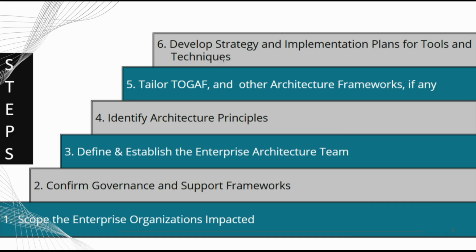So for the support of governance, the EA practice has a lot to be involved in. And then maintain a repository of whatever decisions you're making and whatever deliverables are part of it, whether it is documentation of any process you're doing or establishing, or if you're defining any architecture principles.